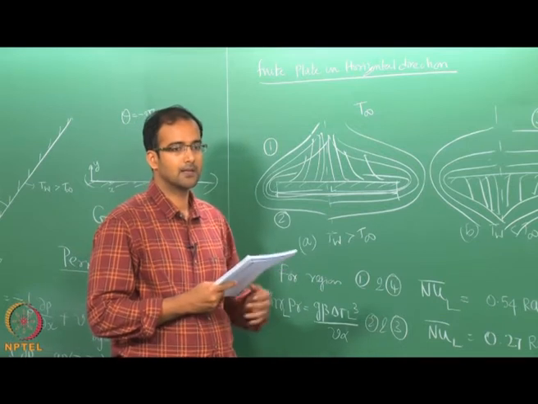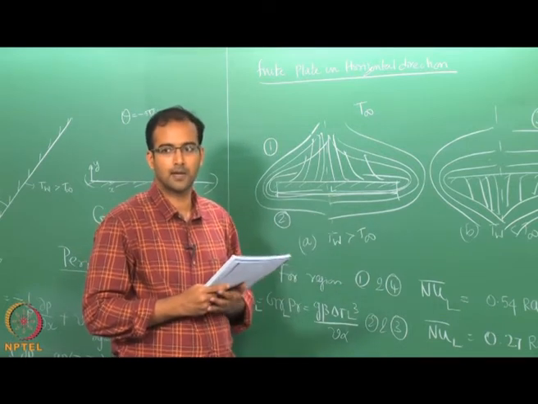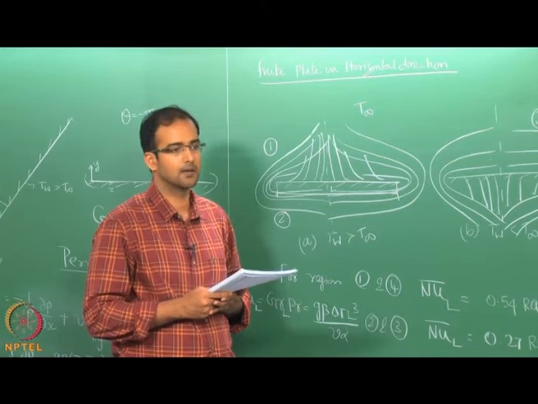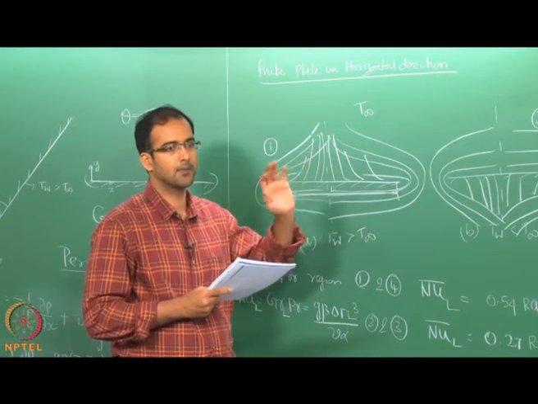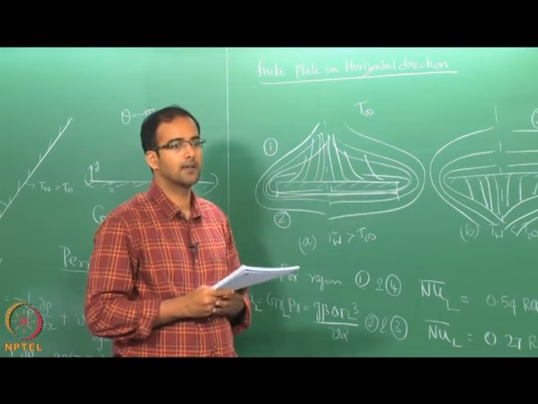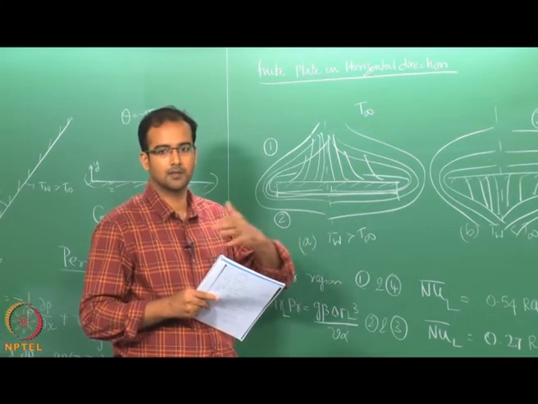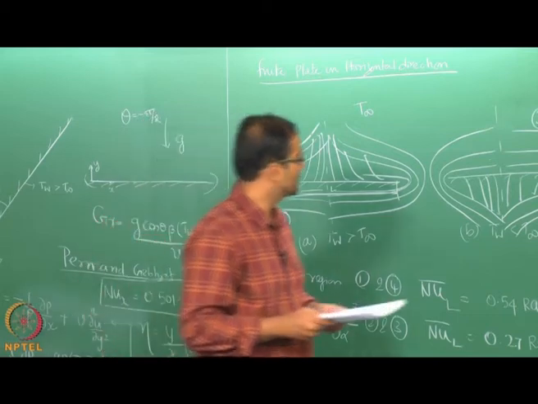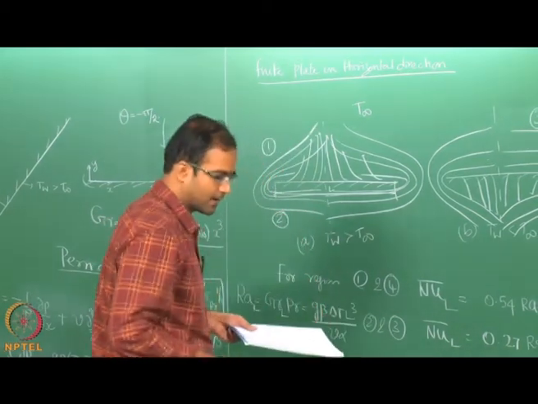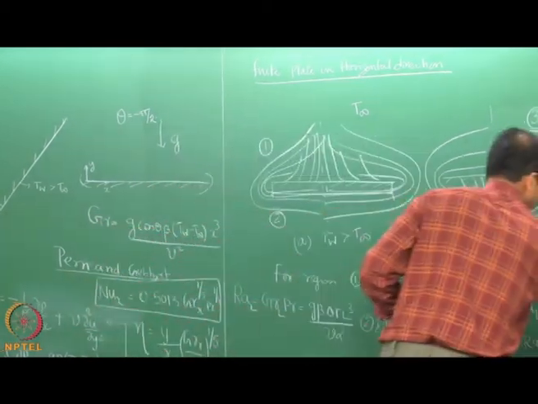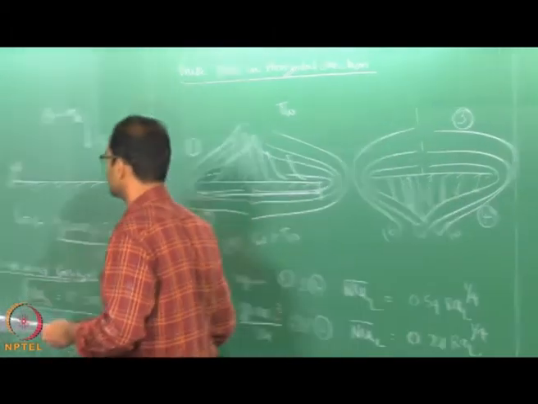Now, if you want to extend it to turbulent flows, again we cannot use the similarity solution. So, the same people, Churchill and Chu, have developed an empirical correlation for a wide range of Rayleigh numbers.